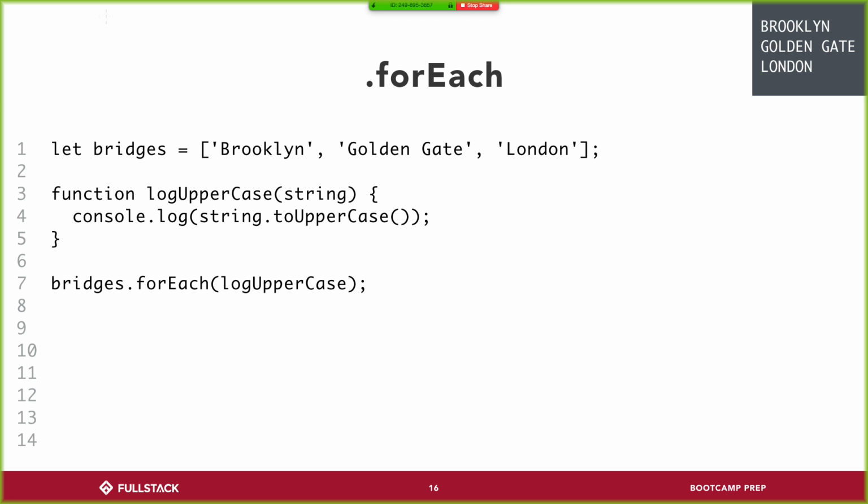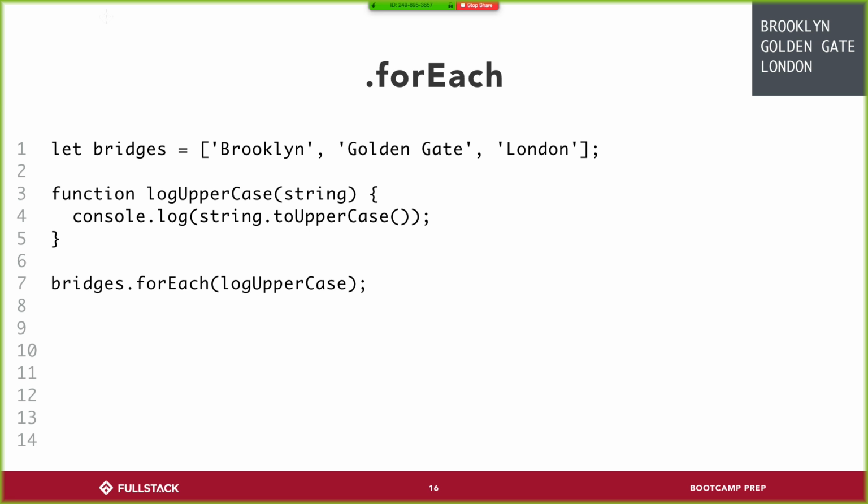So in this case, we're creating a function. It's really important to note that on line 3, it's a string, and so the argument that's going to be passed in is going to be Brooklyn, and it's going to be Golden Gate, and it's going to be London.